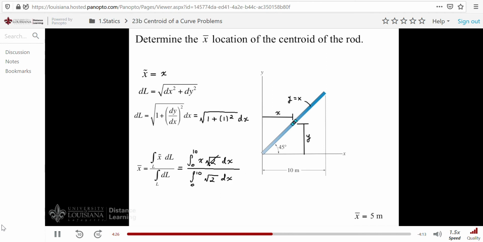Obviously, the square roots of 2 cancel out. And then, when we carry through the integration, we get the following, don't we? On top, it's 1/2 of x squared, evaluated from 0 to 10. Of course, that's 10 squared. And down below, we simply have the integral of dx. We evaluate from 0 to 10 and get our result of 10. Noticing that this 10 will cancel with one of the ones up here, we have 10 divided by 2, and we get a result of 5 meters, as we would expect.